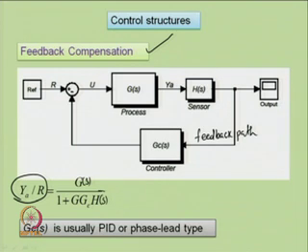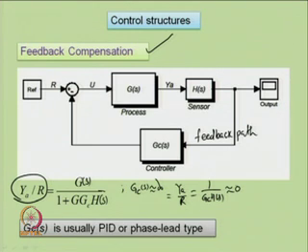Earlier, for the series compensation scheme, we had G G C in the numerator, whereas for this scheme we have G S alone. So, when the controller gain is very high, G C S is assumed to be very large. In that case, Y A upon R becomes 1 upon G C H S, and that becomes a small number.